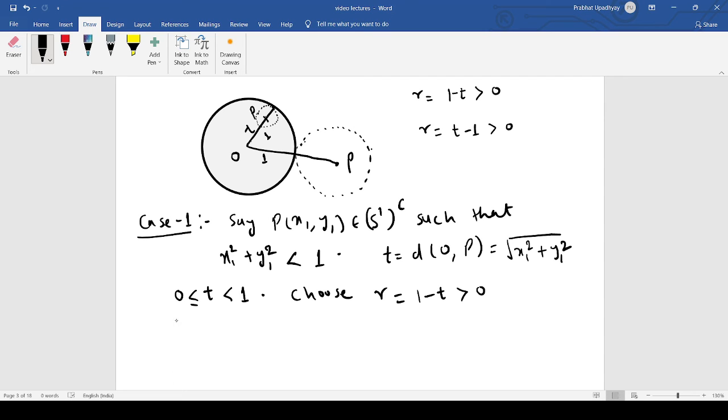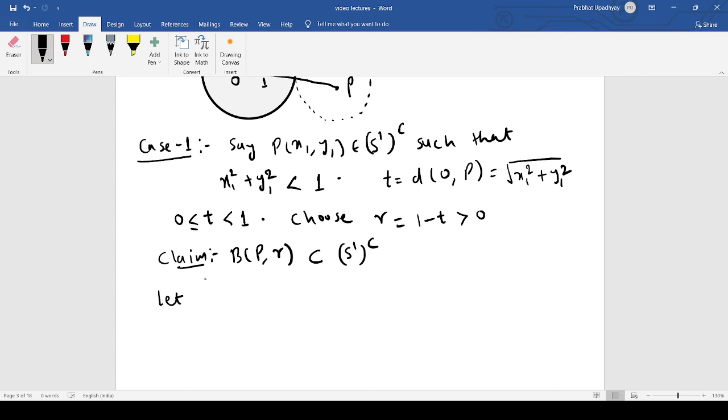And we would like to show that the open ball centered at P of radius R lies totally inside the complement of my S1. So let a point Q with coordinates x2, y2 belong to B(P, R).